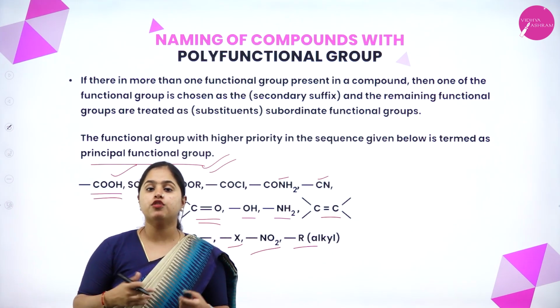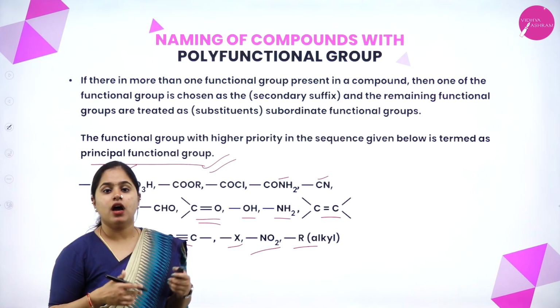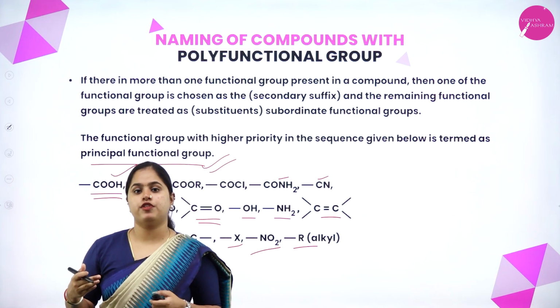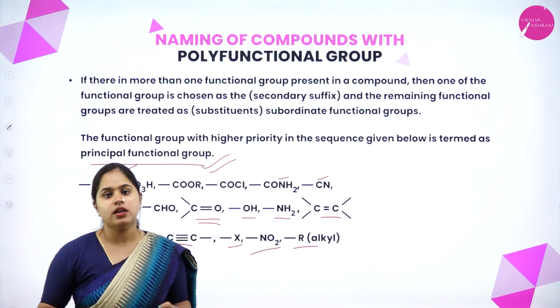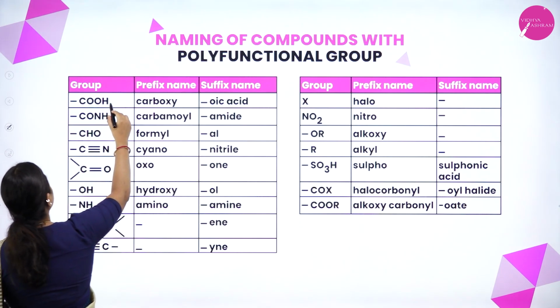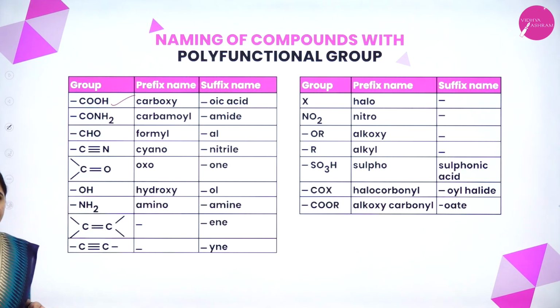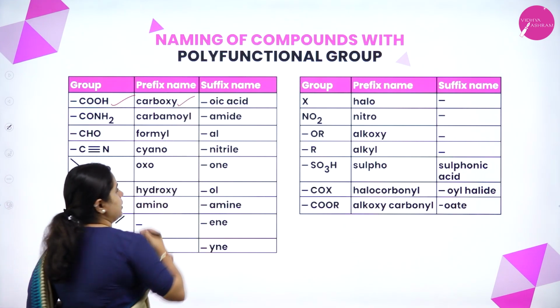So before moving on to further examples on IUPAC nomenclature, we need to understand how to prefix or suffix it based on whether it is a substituent or the principal functional group, right? So as you can see here, if the carboxylic acid group is present as the prefix, you name it carboxy, right?